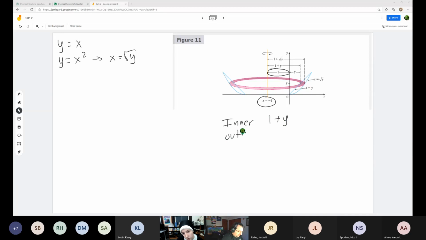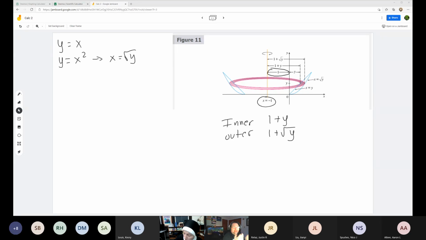And my outer is going to be 1 plus the square root of y. Everybody see how we got that? Yes. Then we're getting better at finding radiuses, which is a very good thing.